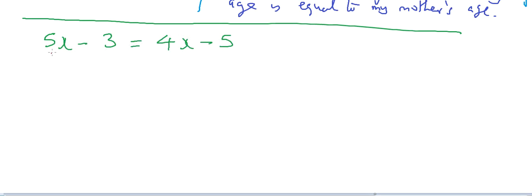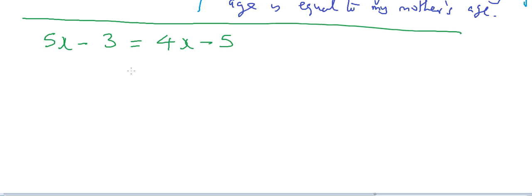So here, as I said, we need to find the value of x. So first identify the terms containing x. So these are the two terms containing x. So now group them. So move all terms containing x to one side. Okay, so that means what? We can move 5x to the right side, or we can move 4x to the left side. Okay.